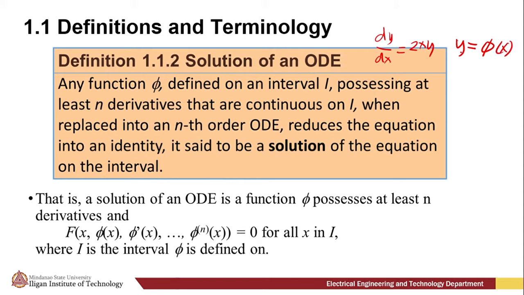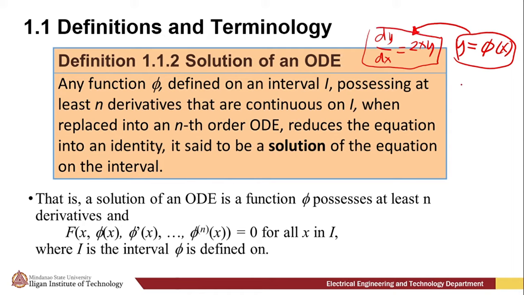So, this function y equals phi of x is a solution for this given differential equation if this function, once we substitute it back to our differential equation, this whole differential equation is satisfied.